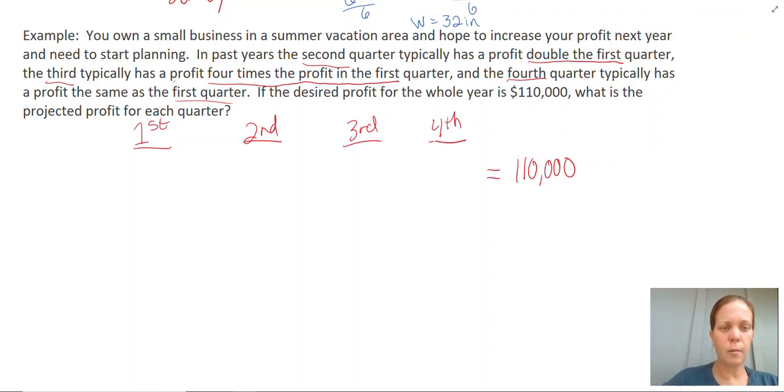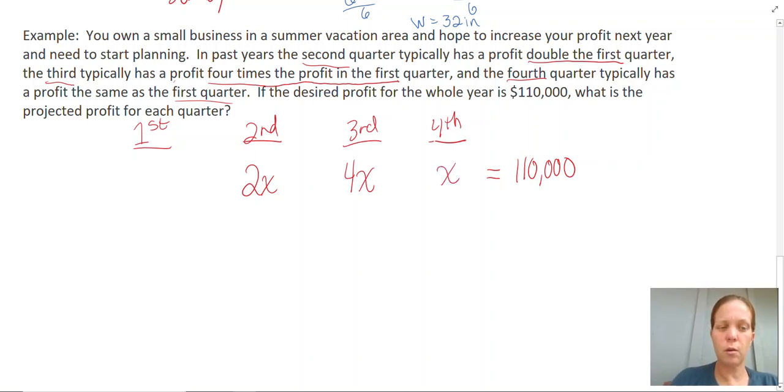So the first part that we're given, the second quarter typically has a profit double the first. So under second, I'm going to put double, 2 times the first. I'm going to use an X. You can use a different letter if you want, but I'm going to use 2x. The third typically has a profit 4 times the first, so that one's 4x. And the fourth has the same as the first. So I'm just going to put 1x, just an x there.